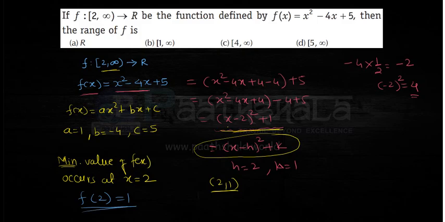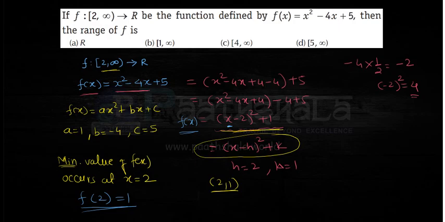For values of x greater than 2, the value of f of x increases because the square term x minus 2 grows larger. If we substitute x values greater than 2, then the value of the function f of x increases as the square term increases.